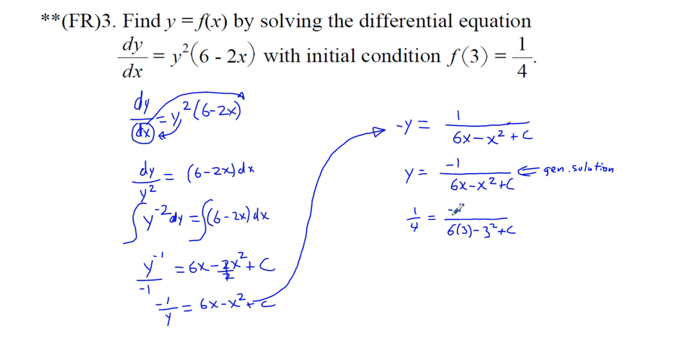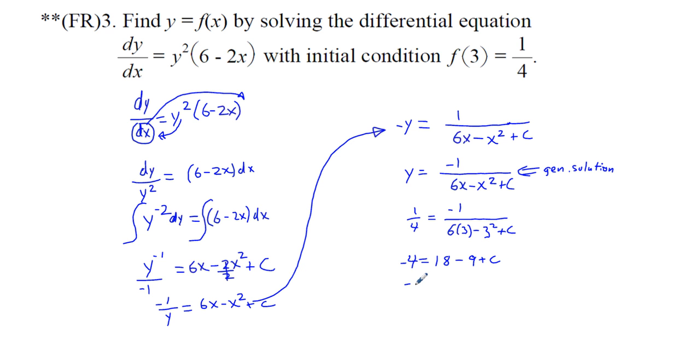If we divide by negative 1, we're going to get negative 4 is equal to 18 minus 3 squared, 9, plus c.